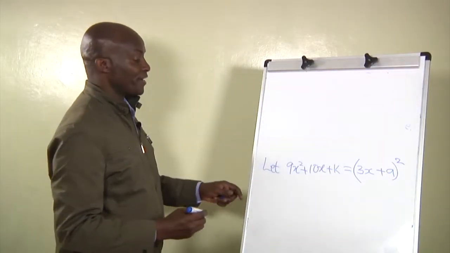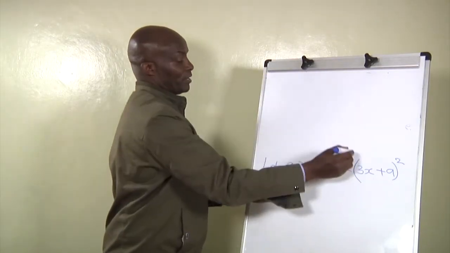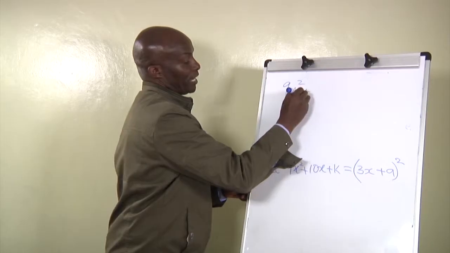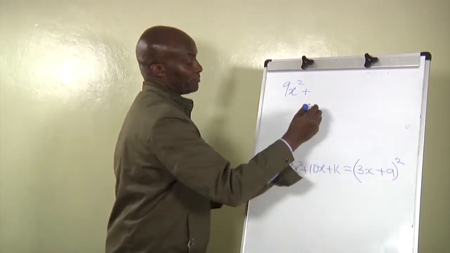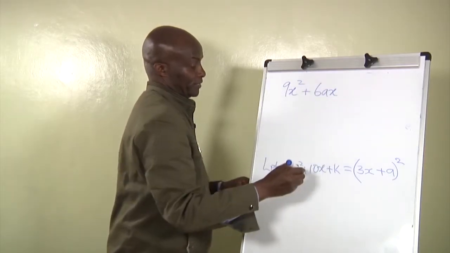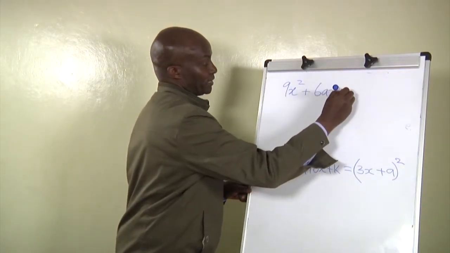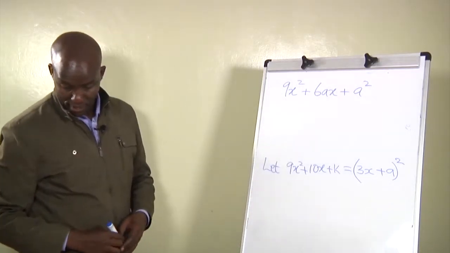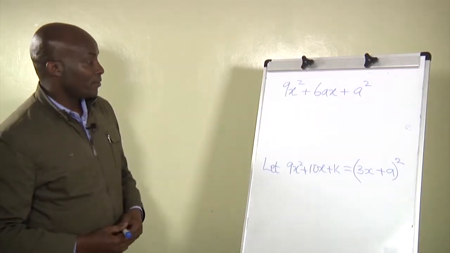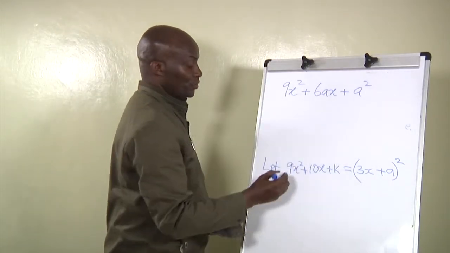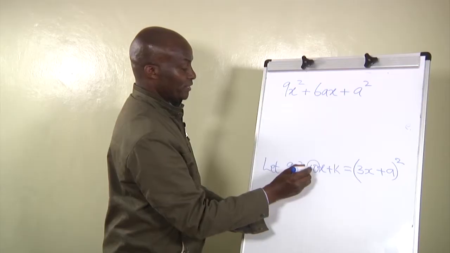So expanding the right-hand side, we'll have 9x squared plus 2 times 3x times a, that becomes 6ax, then plus a squared. So from there, the middle term compares with this.